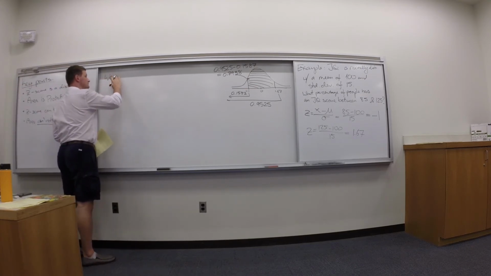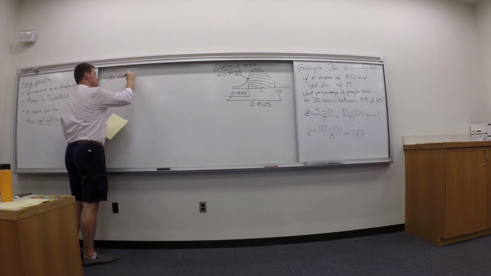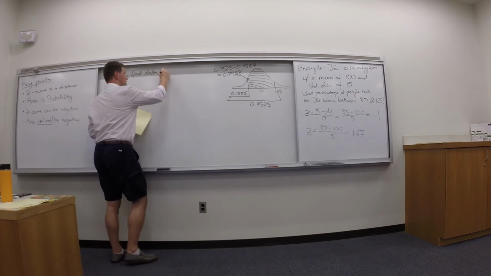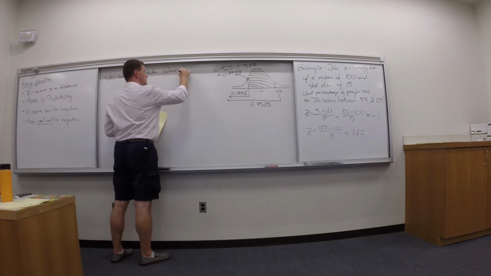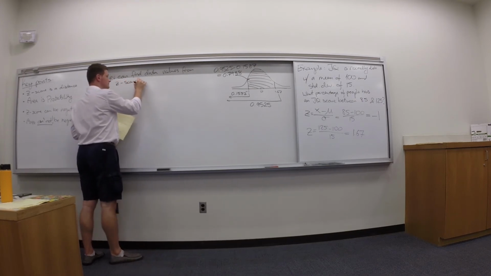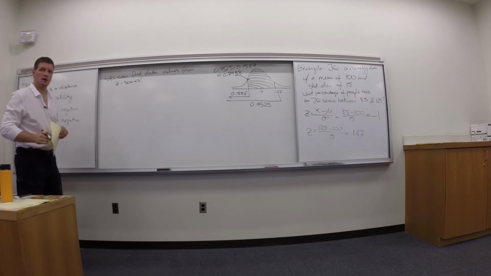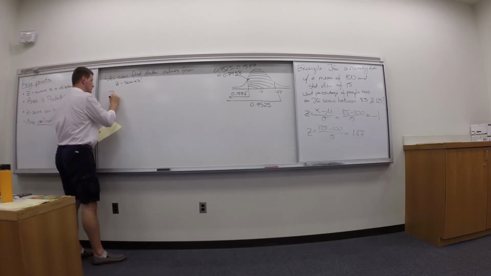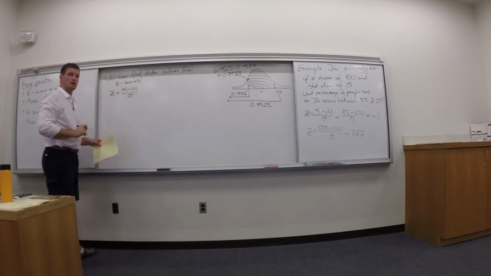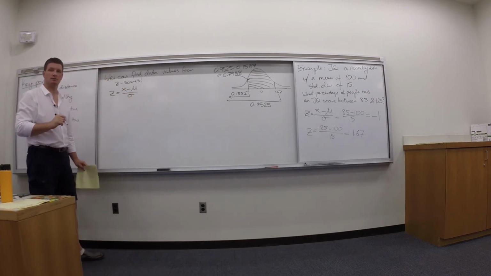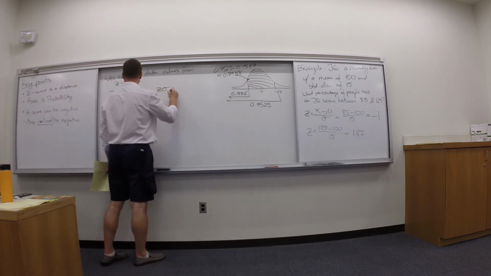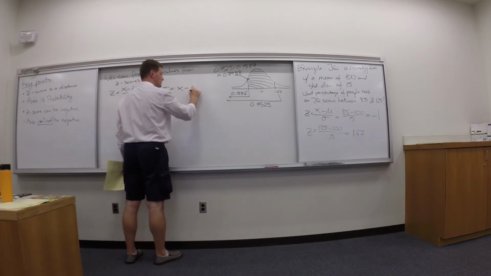We can find data values from z-scores. How do we do it? Well, we know that the z-score is equal to x minus mu divided by sigma. Then I can multiply both sides by sigma, and I get z times sigma equals x minus mu.